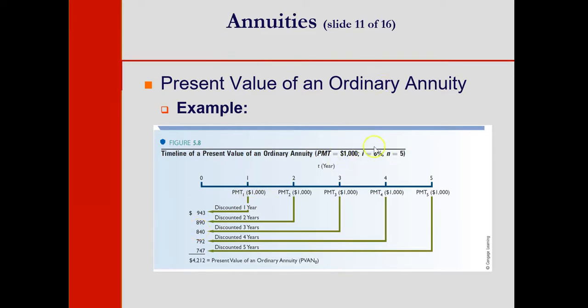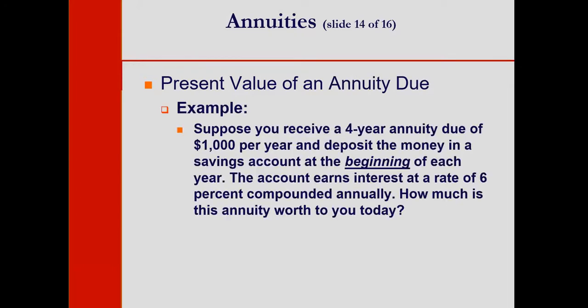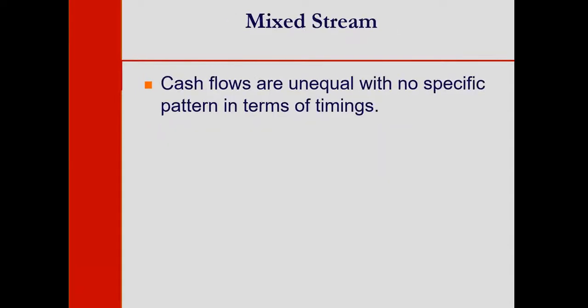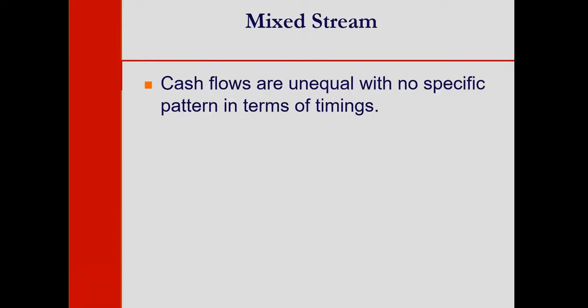This would be payment, this would be I, this would be N, future value FV would be 0, and you will compute the present value, and that will give you the answer 4212. And this is the answer for the ordinary annuity. If you want to get it for annuity due, multiply 4212 by 1.06. So now you can do all these problems on your own.